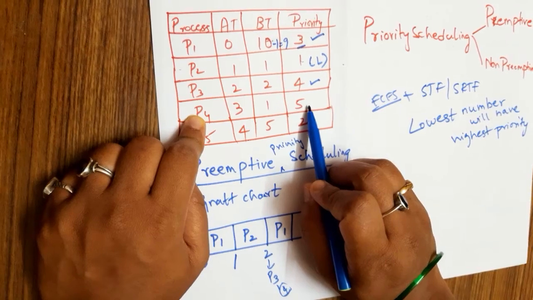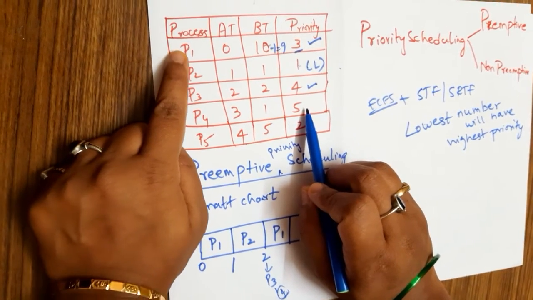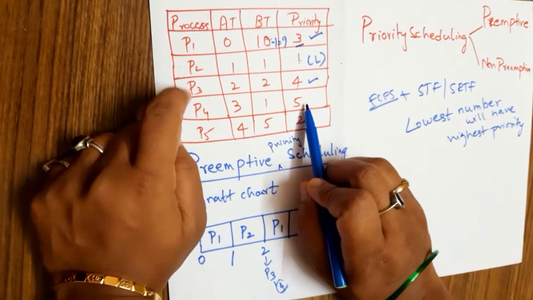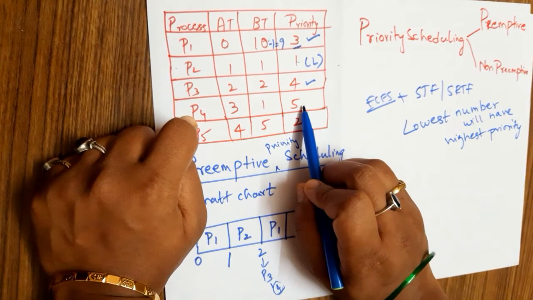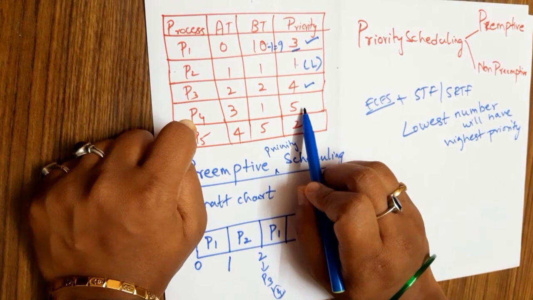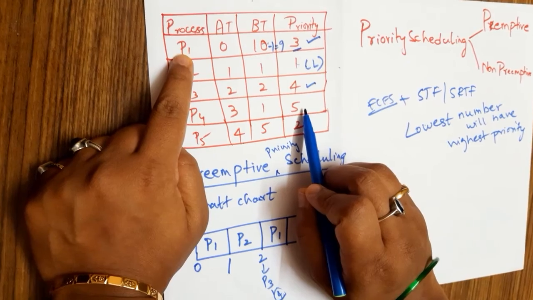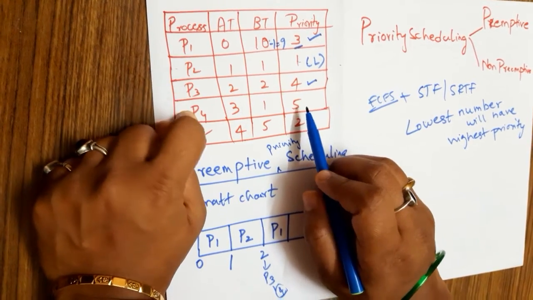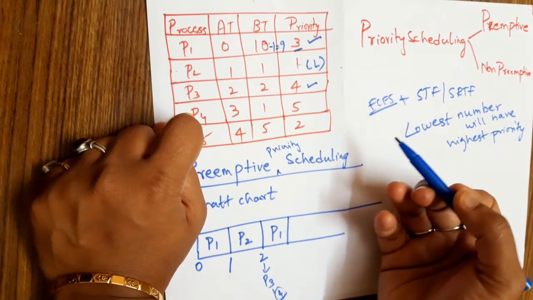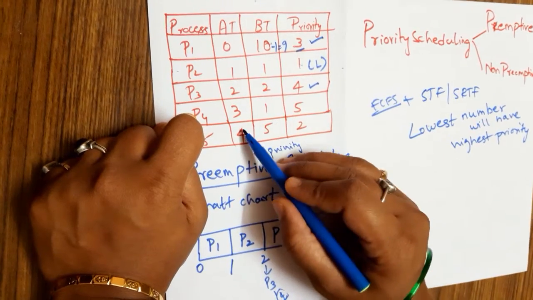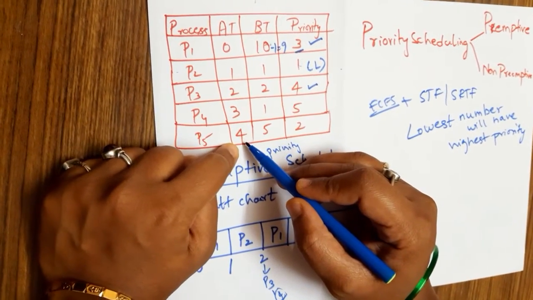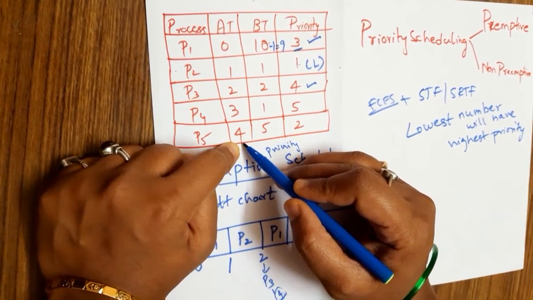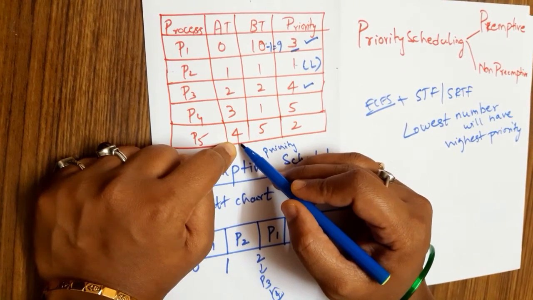Compared to process P1, process P4's priority is lower. So I will ask process P1 to execute for 1 more millisecond. If I ask it to execute for the next 1 millisecond, the time will be 4 milliseconds.